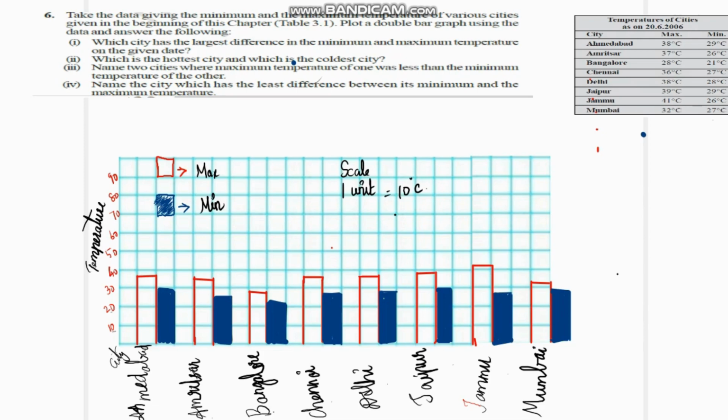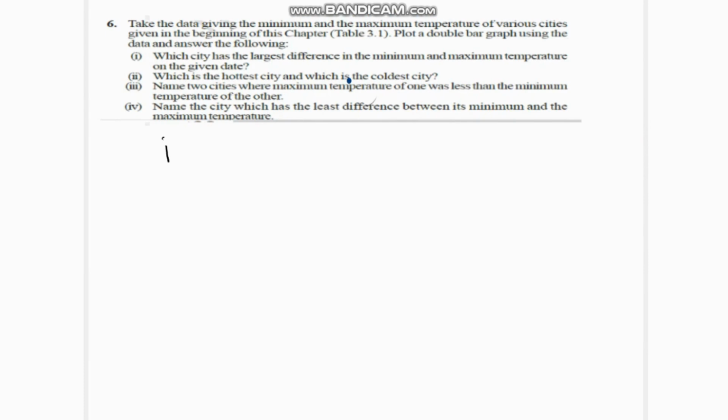The highest temperature here is Jammu, about 41 degrees Celsius, and the lowest is 26 degrees Celsius. So the answer for the first one is that the largest difference is Jammu.